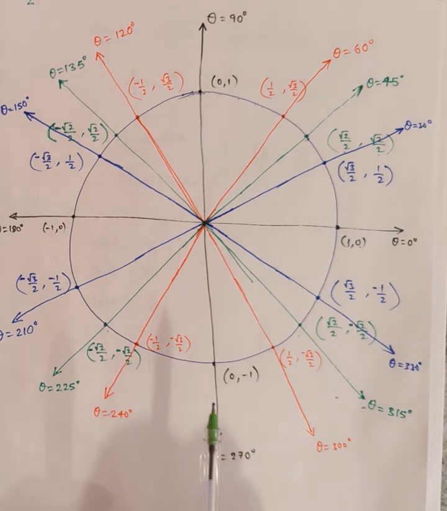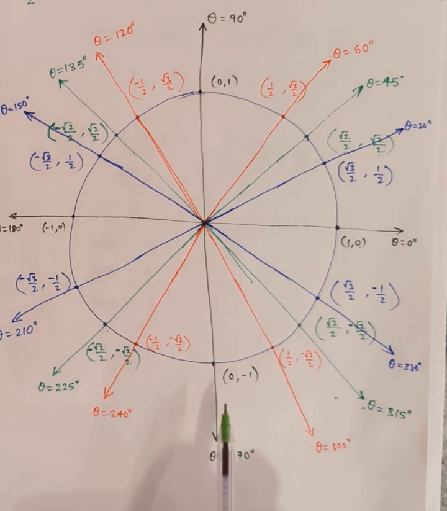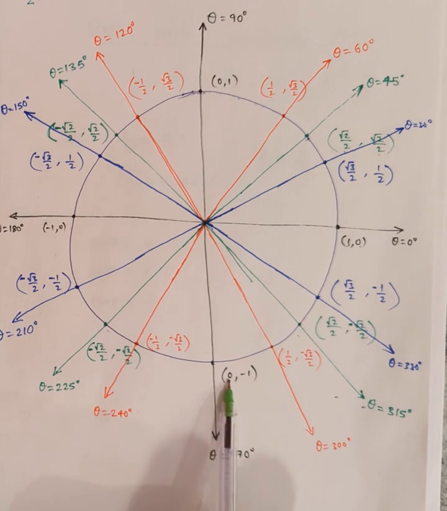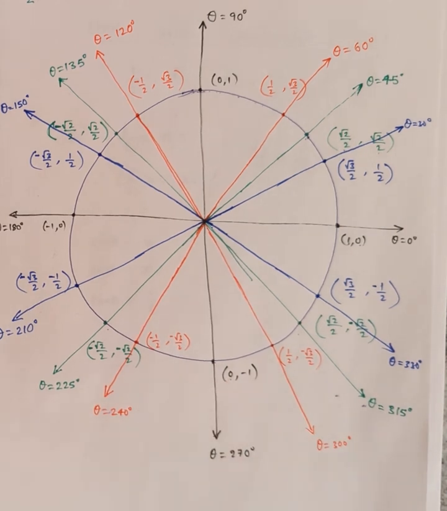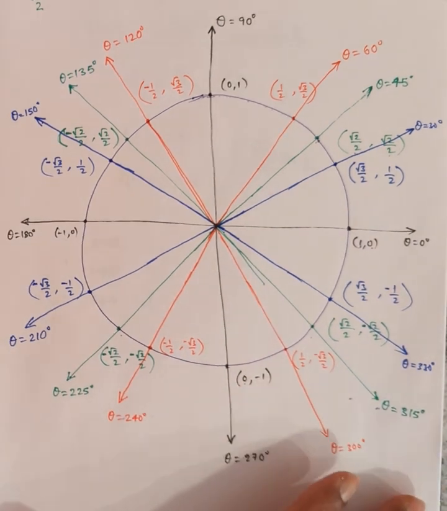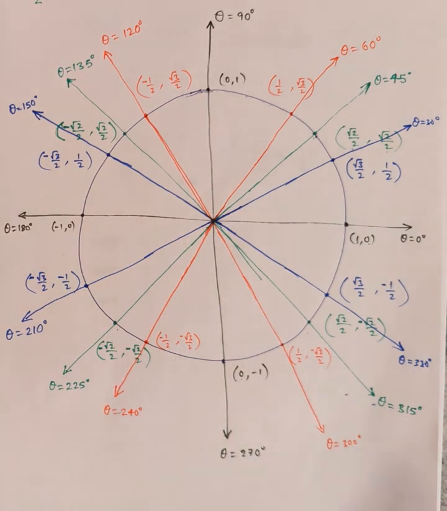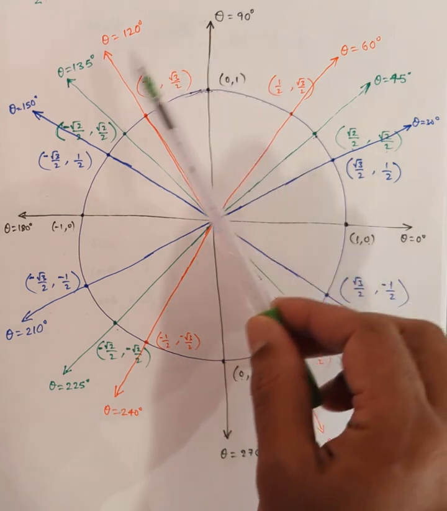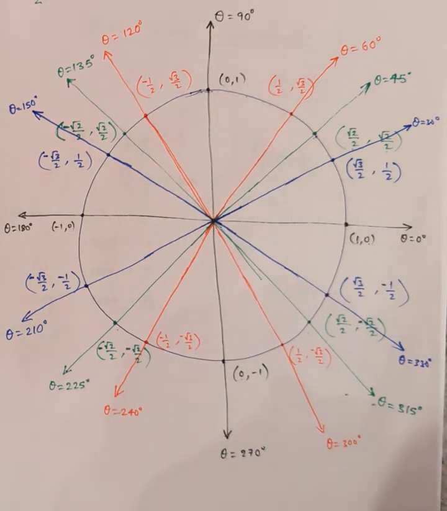If you want to know what is cosine of 270 degrees, cosine is defined as the x coordinate, so it is 0. So knowing the unit circle will give you the trig functions for all these nice angles, 30, 45, 60, 90, and so on. You don't need a calculator for any of these nice angles. And that's the idea of the unit circle.